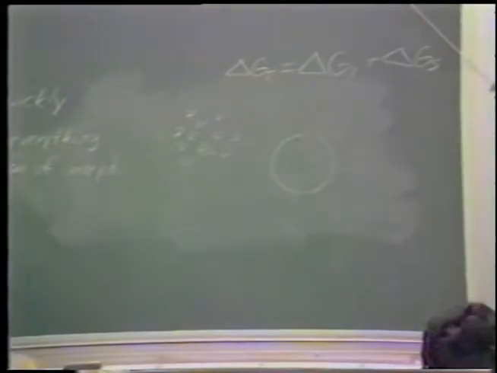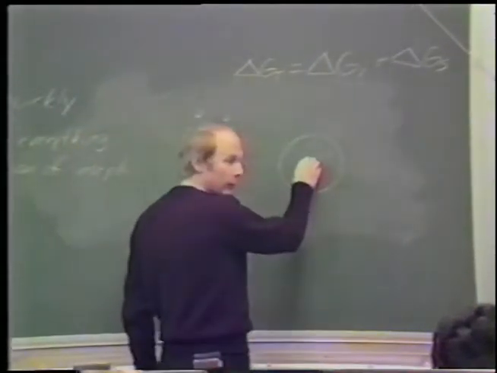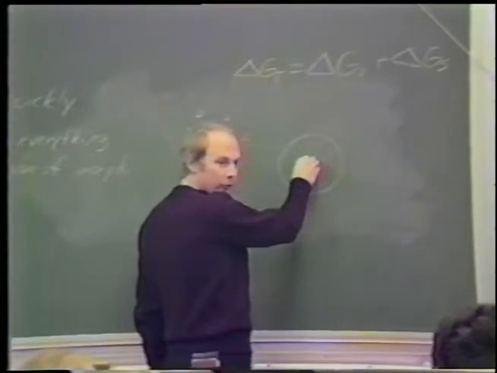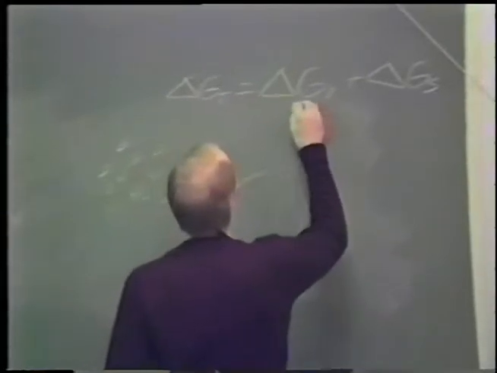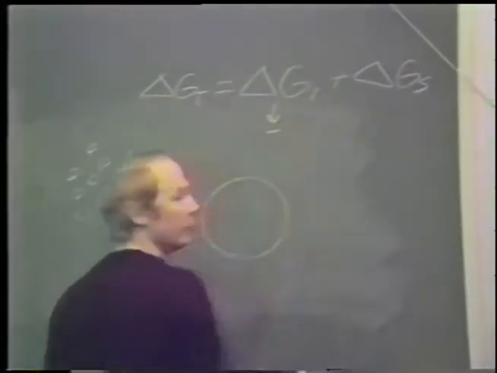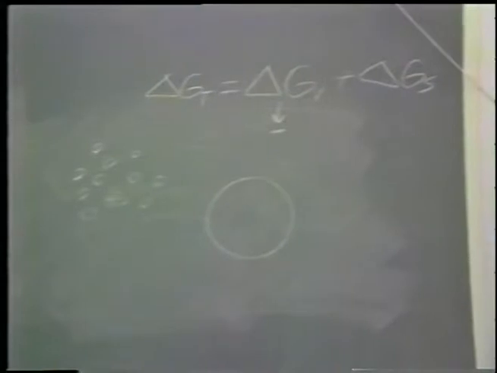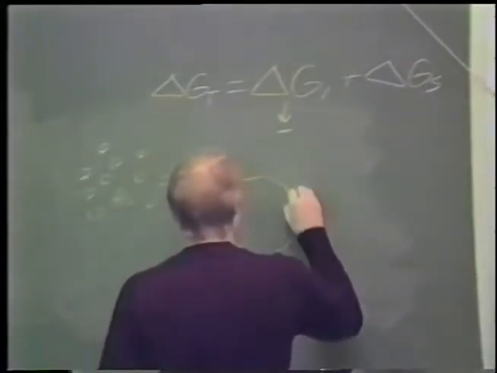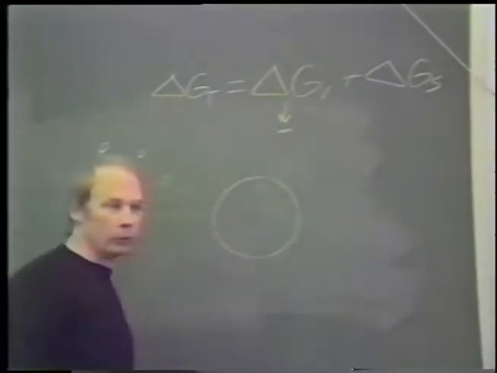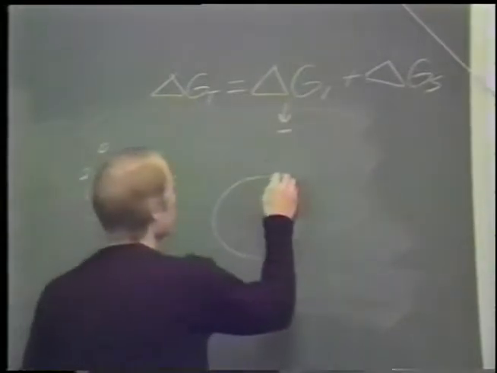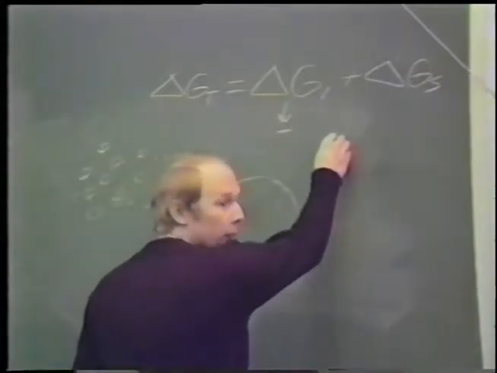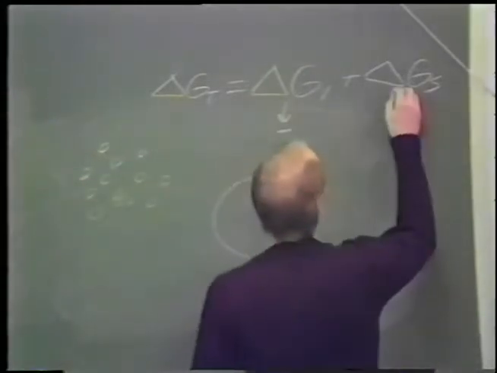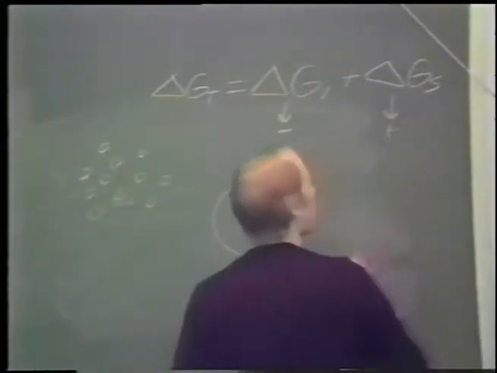They're ordered. They don't have to be, but they usually are highly ordered, and they have a lot of near neighbors. So it's energetically favorable for this to occur. So this term is always negative. Those water molecules at the surface have the worst of both worlds. They don't have as many near neighbors as those in the interior. And they don't have the freedom of motion of those in bulk solution. So this term is positive.